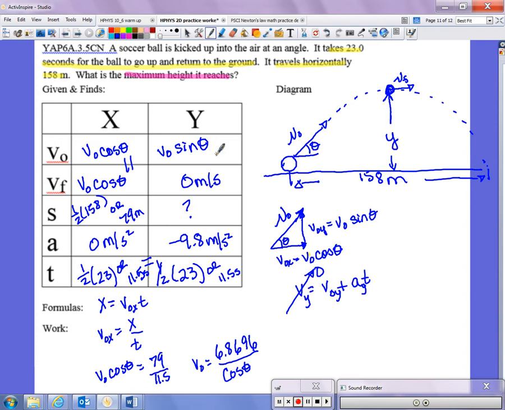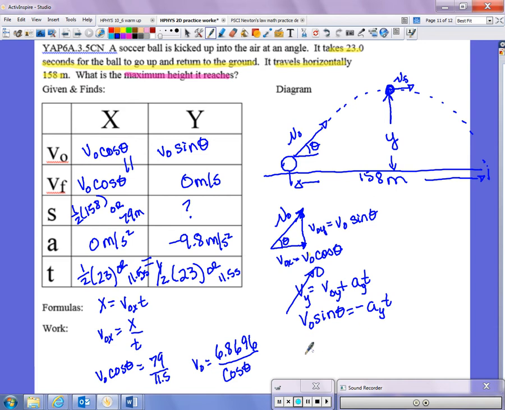So again, I have this value, v naught sine theta, for my y component, and because it has this weirdness in it, let's just put it on the other side. So v naught sine theta, subtract this from both sides, is equal to minus a in the y direction times t.